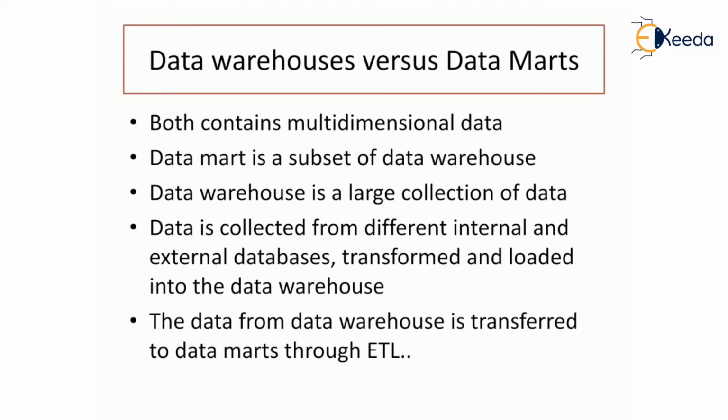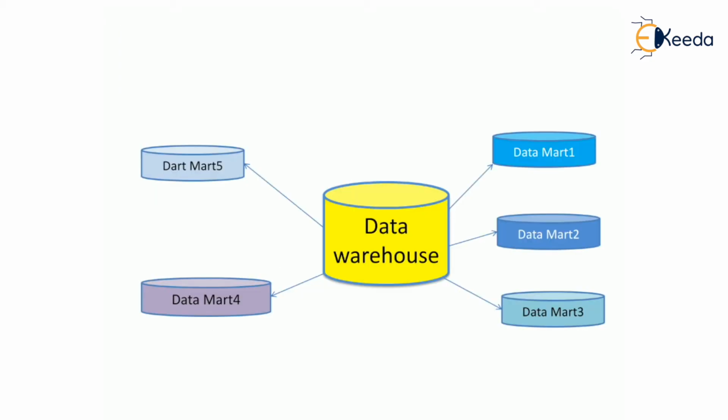The next topic is data warehouses versus data marts. As you can see here, there is a central data warehouse and it is connected to different data marts: data mart 1, data mart 2, and so on. So various data marts can be connected to the data warehouse.